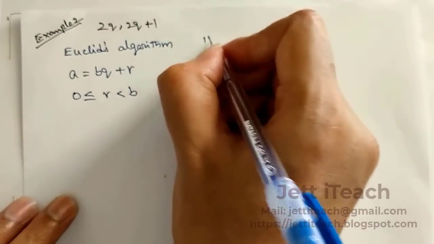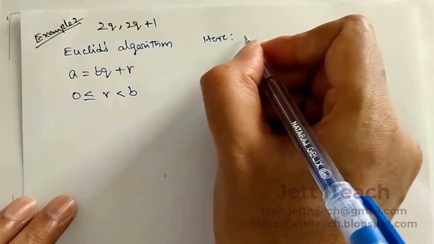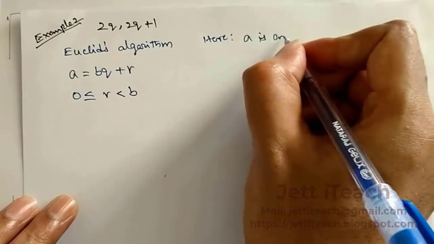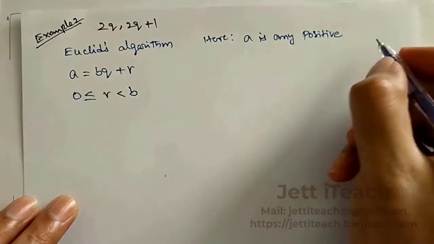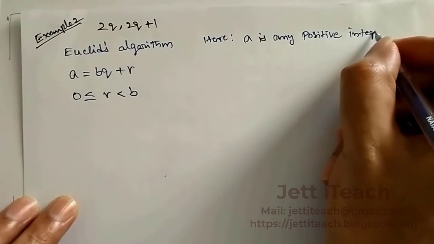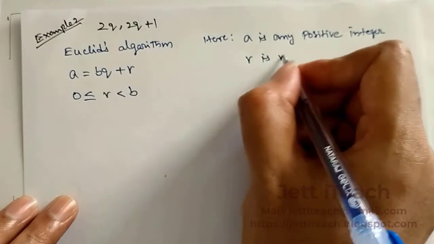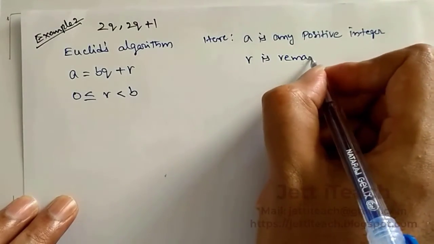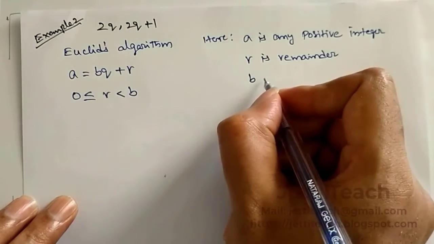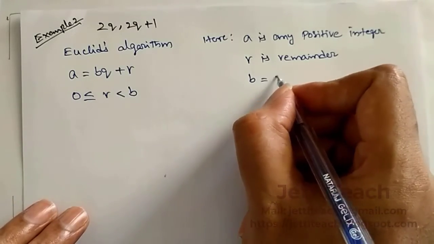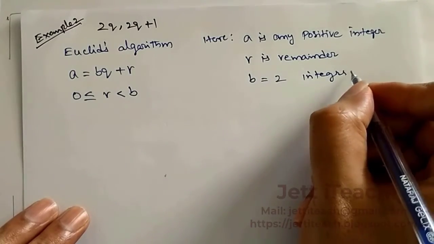Here a is any positive integer, r is the remainder, and b is some divisor, that is 2.